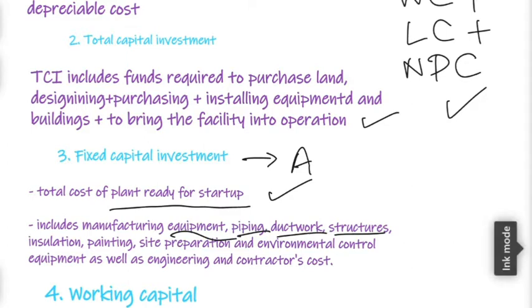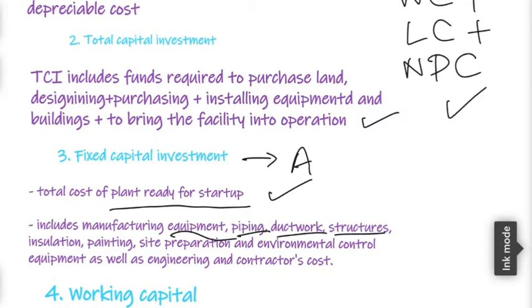Like when you do piping or networking in any plant, this will not give you any return, but it will give you product, and that product will give you return. So fixed capital means the investment that is necessary to be done. It is the minimum amount that is required to start up a plant.